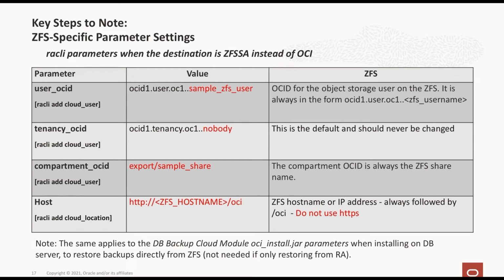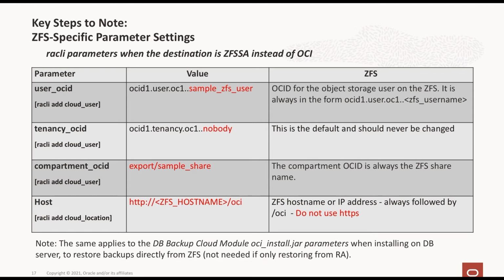So here are the real differences compared to what happens with OCI in the public cloud. The user OCID, right, that's used by the RA CLI add cloud user command, is a little different. So in OCI, if you're familiar with the OCIDs, these OCIDs are just resource identifiers that we use in the OCI APIs.